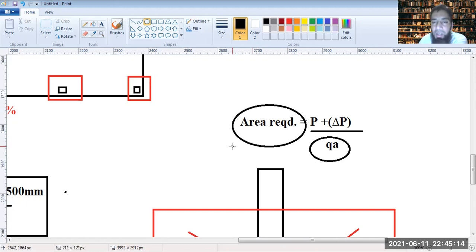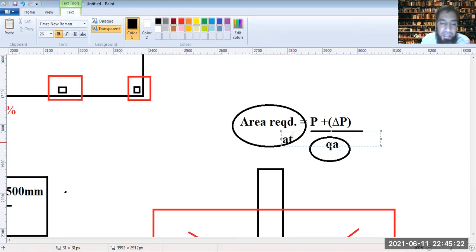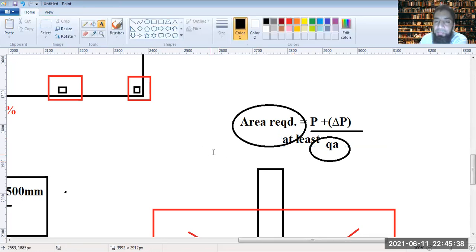So the area required has to be at least this much for the system. So this footing now has to be designed for an area of at least P plus delta P by QA.